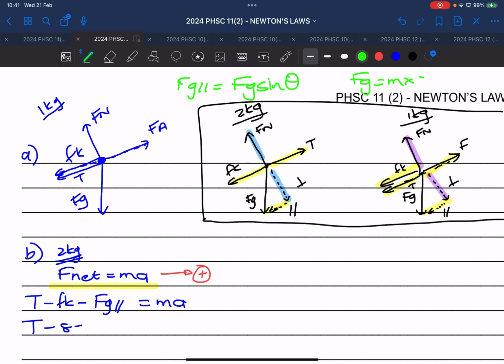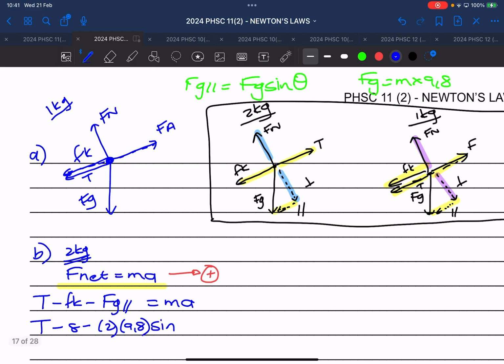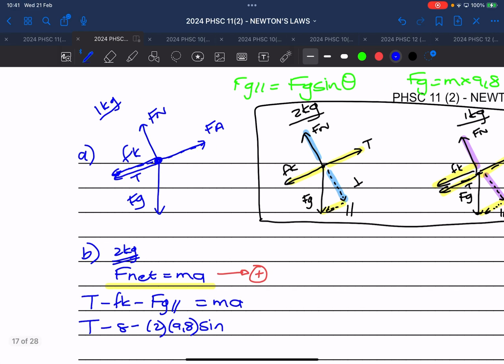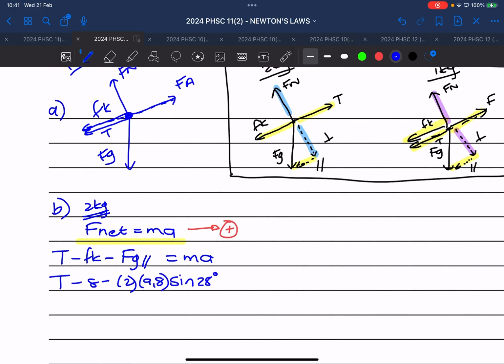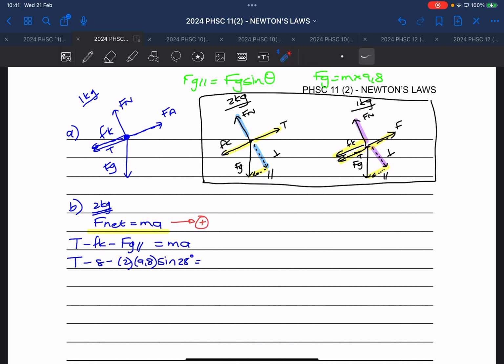It's mass times 9.8. So the mass is 2 times 9.8 times the sin of, I think it's 28 degrees. Okay, so you can see you do not need to show these formulas. You can just substitute them, just go use them.